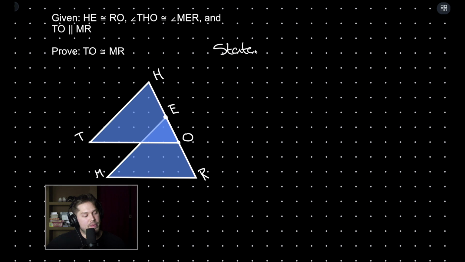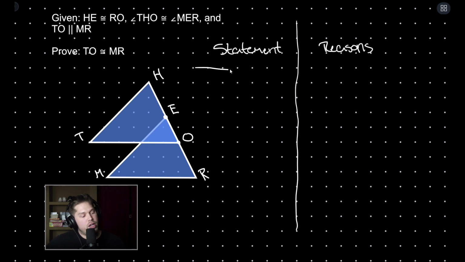So we got our statements and we got our reasons or our justifications. So let's draw our little line down the center for our 2-column proofs. And I challenge you guys, pause the video right now, see if you can do this proof on your own, and then come back after you're done and see how you did.